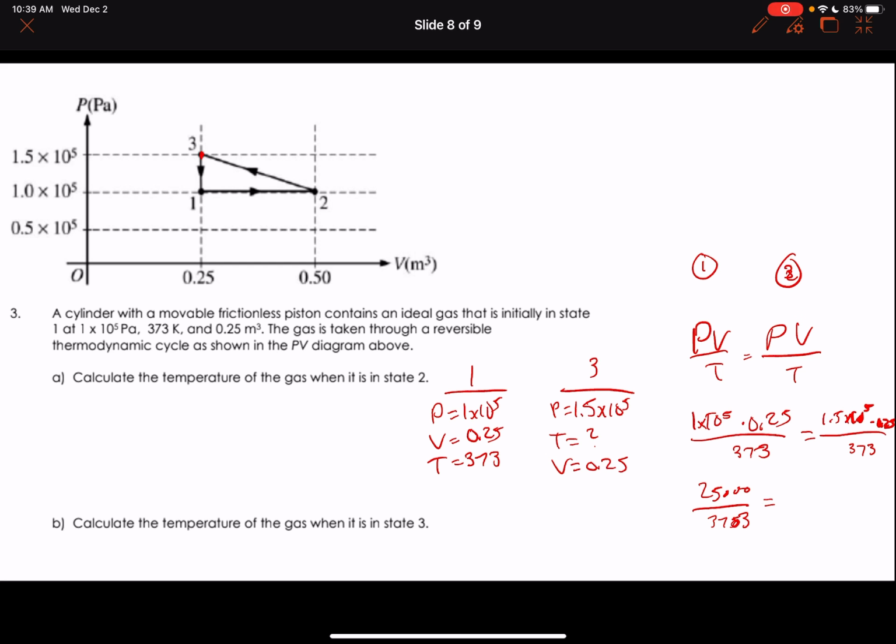And then 1.5 times 10 to the 5th times 0.25 is 37,500 over T. That should be T, my bad, right? We don't know the T on the state 3 side. That's what we're looking for. So again, we do the bat and ball trick. Multiply 37,500 times 373 and then divide by 25,000, and we get 559.5 degrees. Or in this case, it's actually Kelvin.